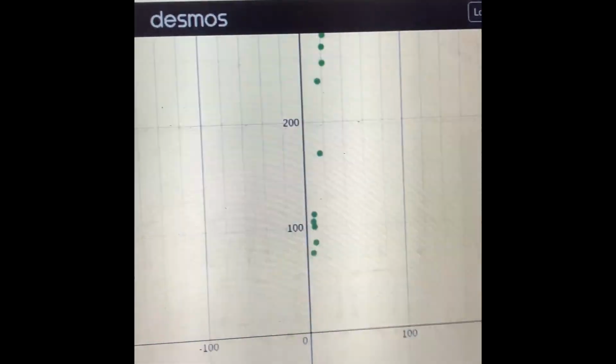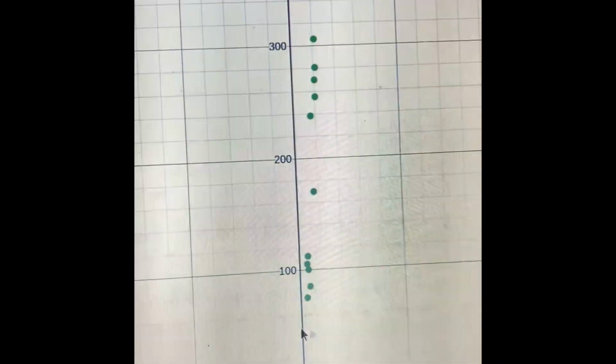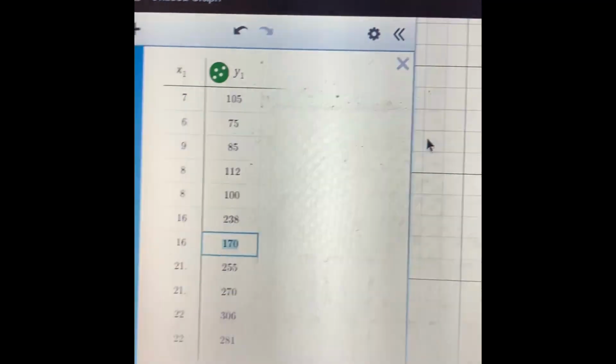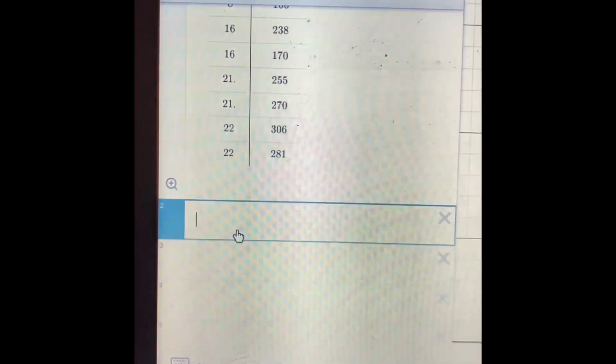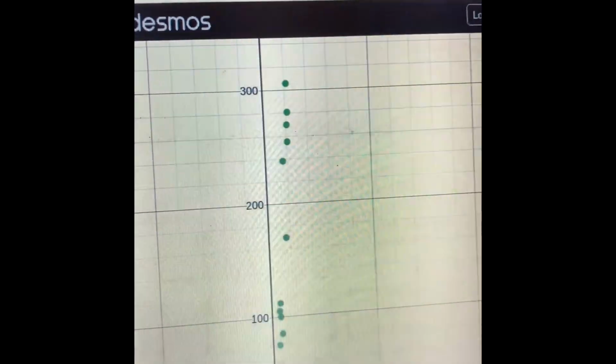If you zoom out, this is what the line looks like. What we have to do next is type in y1 is approximately mx1 plus b to see what the best line fit is for all of this data.